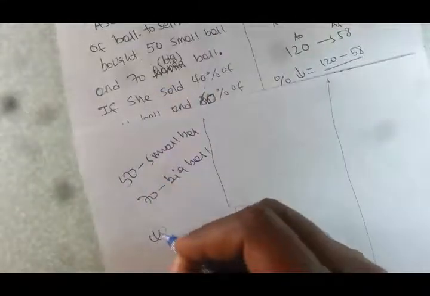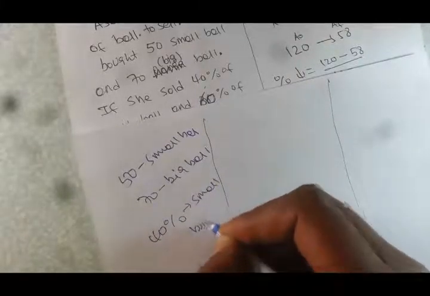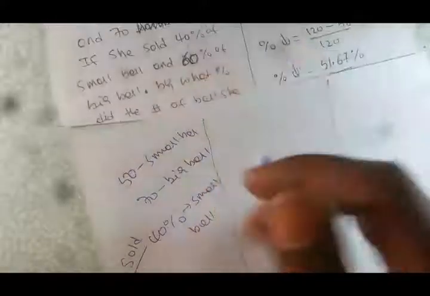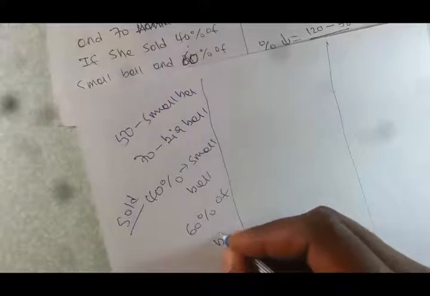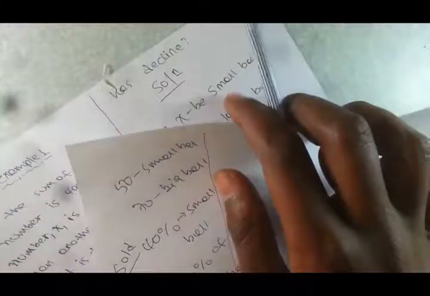She sold 14% of the small ball, and 16% of the big ball. By what percentage has the number of balls she has declined? We are asked to find percent decrease.